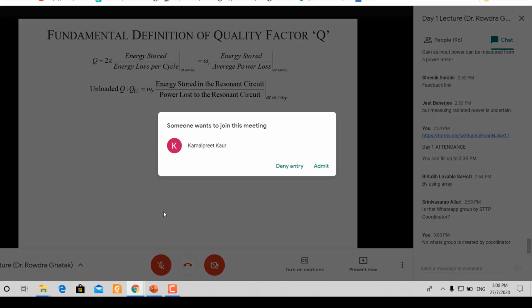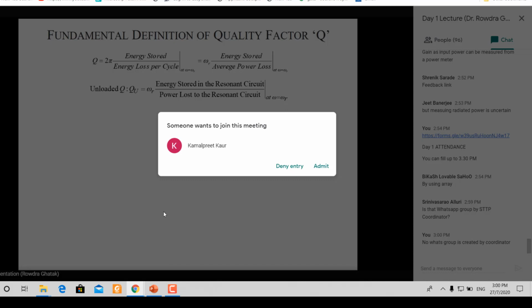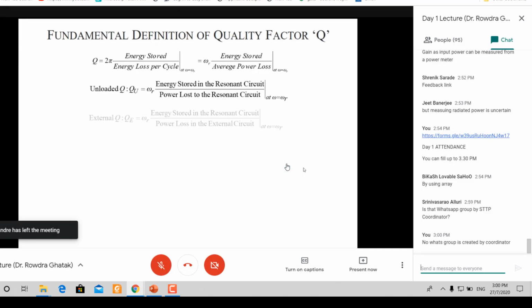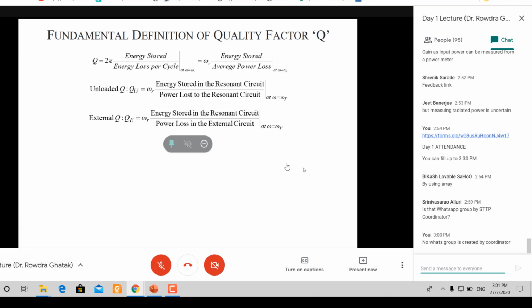A standalone resonator, you're just taking a square patch, a small lambda by 2 or lambda by 4 or lambda by 6, any arbitrary shape resonator, find out the equivalent circuit, and from there you can find what is the Q. That will be an unloaded Q. You can either have a circuit Q, or you can find it from the electric field and magnetic field. You can sense the electric field, how much energy is stored in the electric field in the vicinity of that resonator.